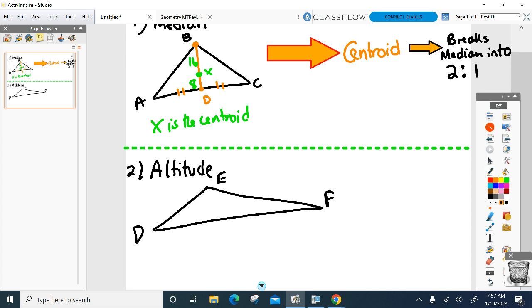What an altitude is? Where does it start? Vertice. Always it starts at a vertice, and it doesn't go to the opposite side's midpoint. It's just perpendicular to the opposite side. That's it. Yep. Perpendicular to the opposite side.